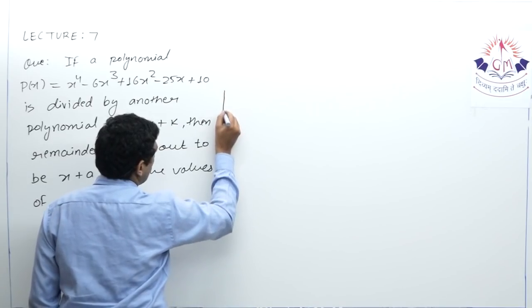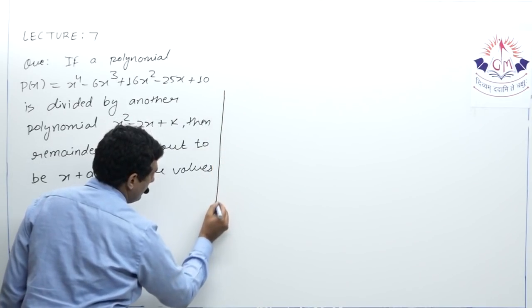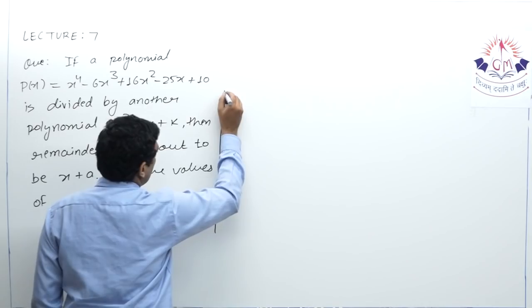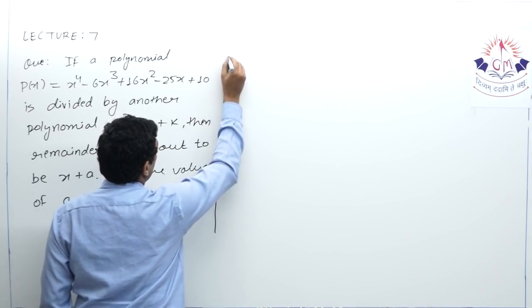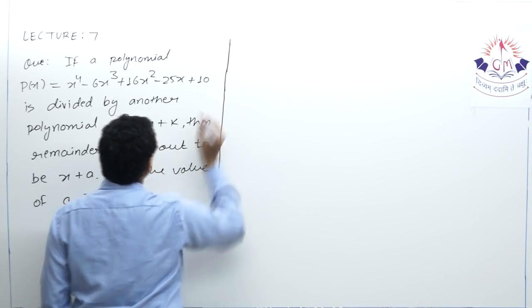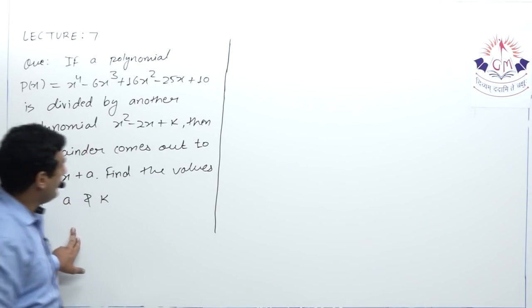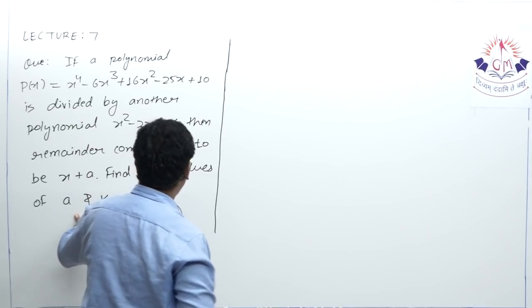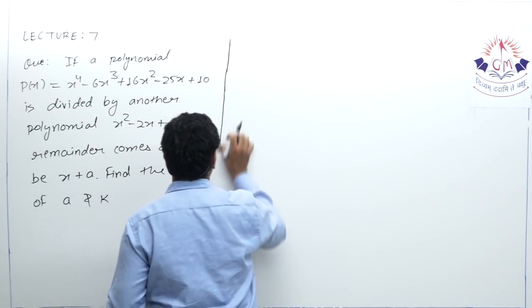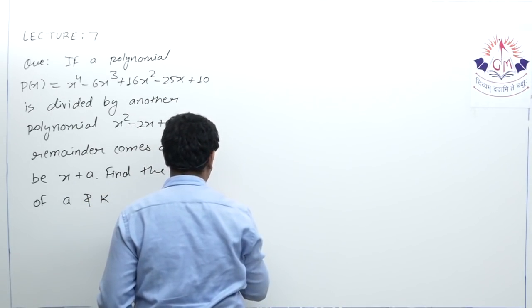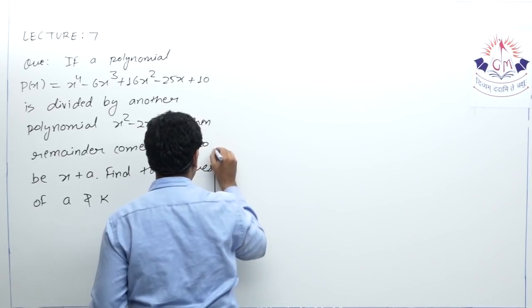Okay, so this is the question. There is a polynomial p(x), and it is given that when it is divided by another polynomial, let's say g(x), the remainder is x plus a. So you have to find the values of a and k.